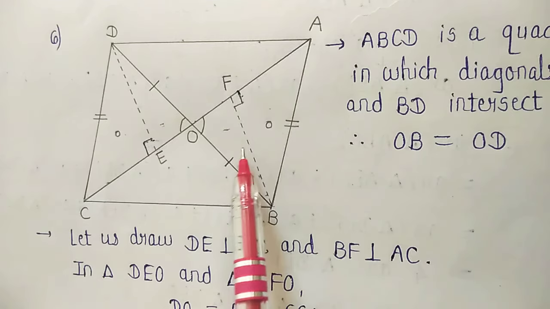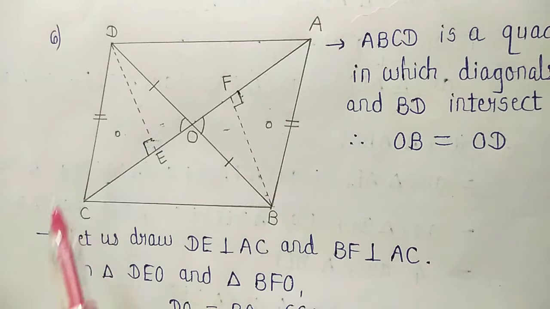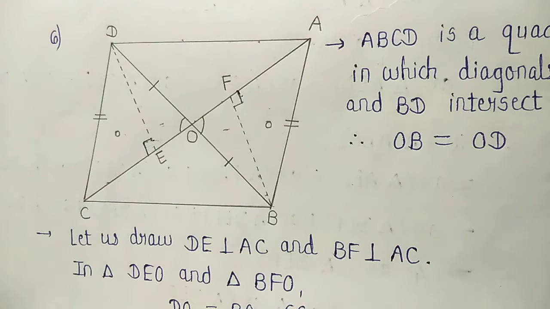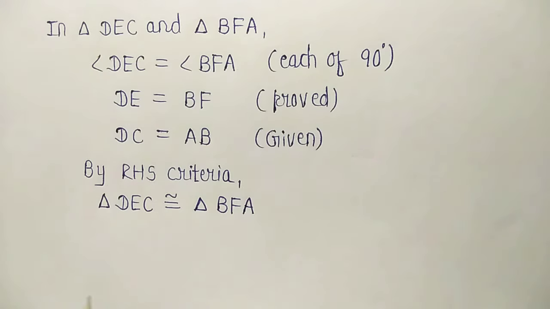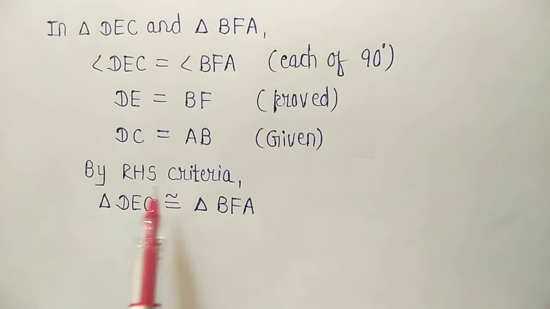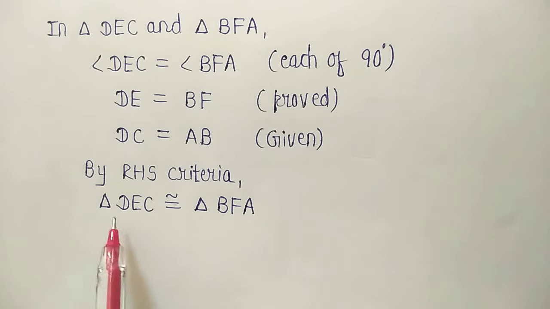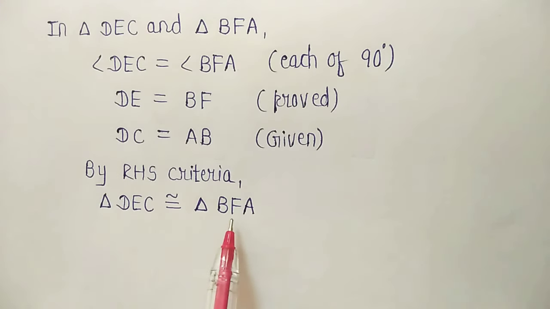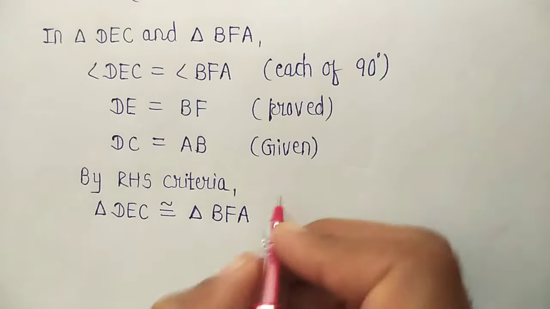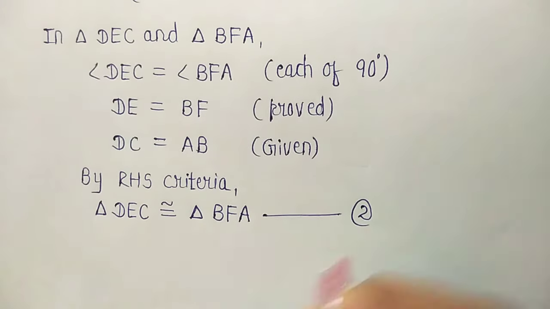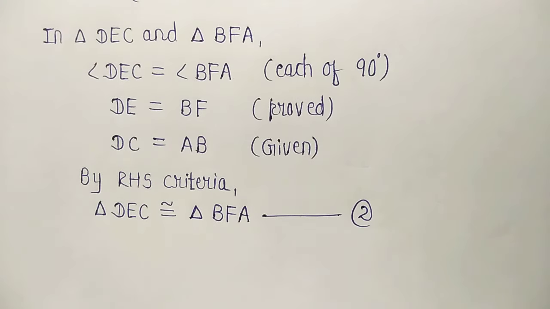One side, DE and BF, and hypotenuses CD and AB are equal. We'll write, by RHS criteria, triangle DEC is congruent to triangle BFA. And this will be equation number 2.